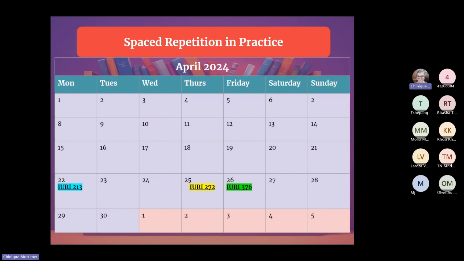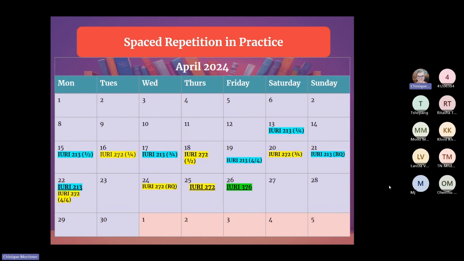For URI 213, I will then have the first quarter of my work 9 days before the time, the second quarter of my work 7 days before the time, then 5 days before the time, then the last little bit I do on the Friday, so that on the Sunday all of my summaries are done and I can just focus on the revision questions.